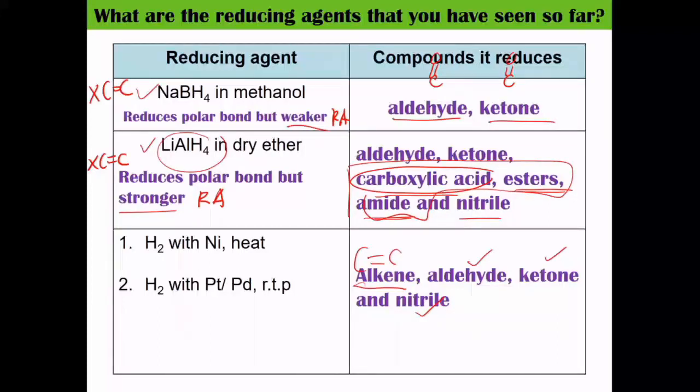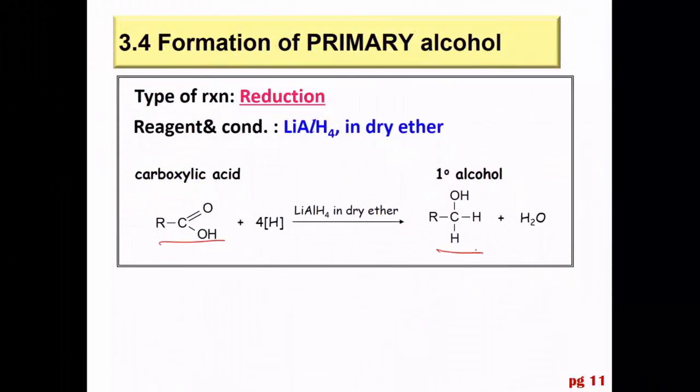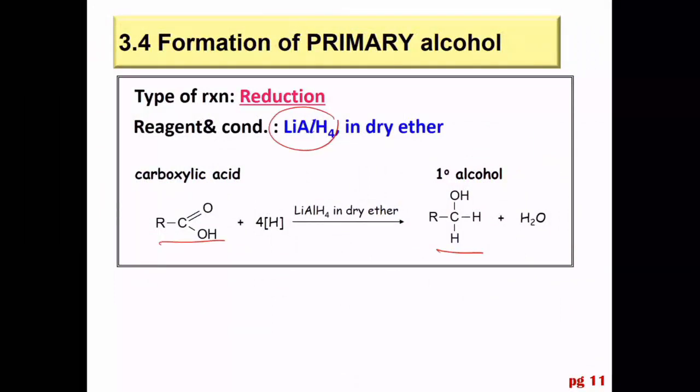So if you need to reduce carboxylic acid and its derivatives, only lithium aluminum hydride can be used. Therefore, for this part, if you need to reduce carboxylic acid to primary alcohol, we will use lithium aluminum hydride.